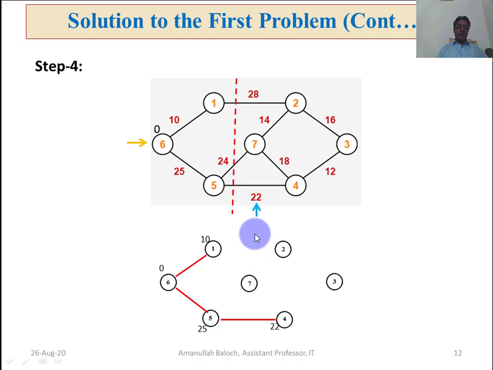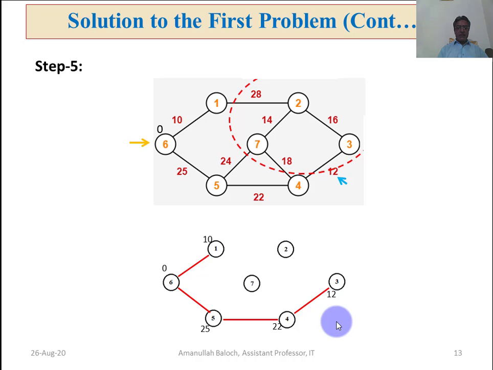Now these 5 nodes have become part of this MST, while these 2 nodes still contain the key value infinity. So we will make an edge like this and separate it from these nodes. So our cutting edge is this one.